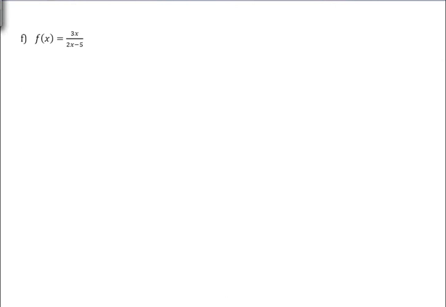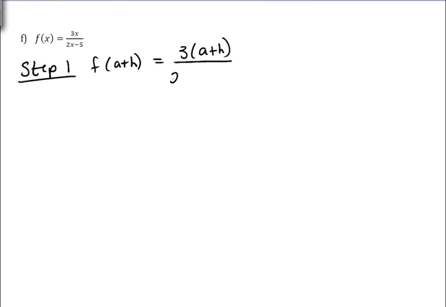In our last example for this lecture, f of x equals 3x over 2x minus 5. So step 1 is to find f of a plus h, which will be 3 times a plus h over 2 times a plus h minus 5.